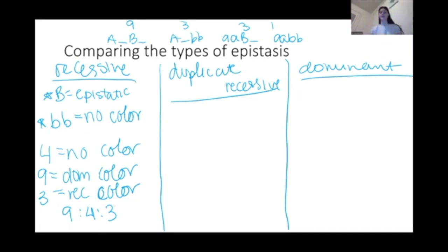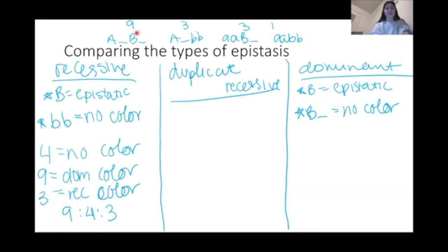Okay, now let's look at the dominant. So again, I'm going to make B my epistatic gene. And in this case, since this is dominant epistasis, that means anytime I have at least one dominant allele, it doesn't matter what that second one is, no color. So let's look at our 9 to 3 to 3 to 1.